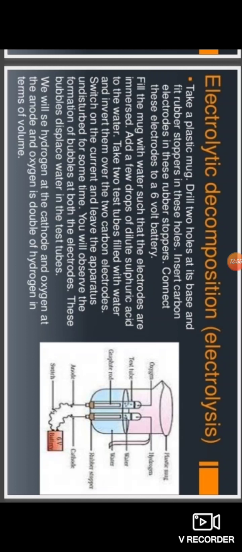For example, when electric current is passed through water, it decomposes and splits into hydrogen and oxygen. This is an example of an electrolytic decomposition reaction.